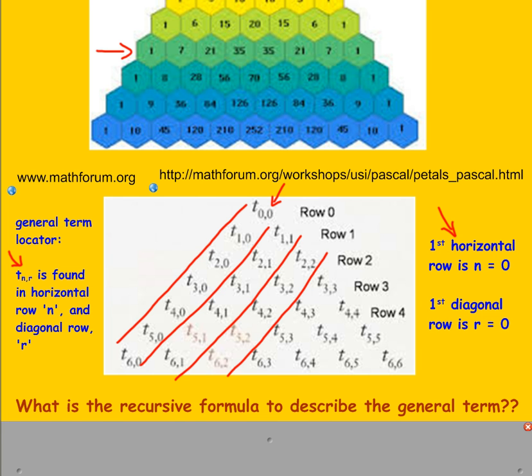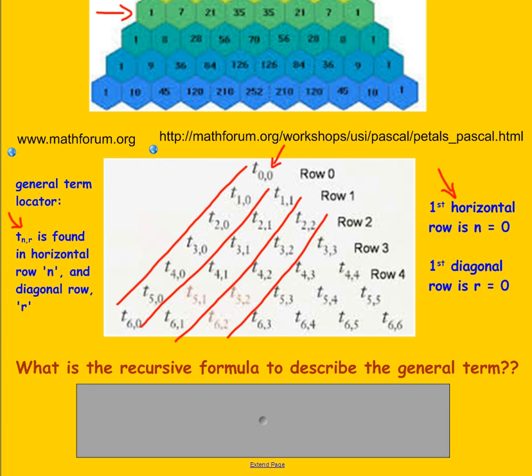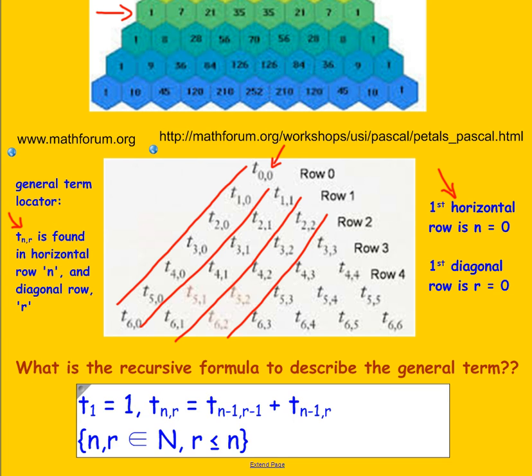We've also uncovered the properties that describe the general term locator as a recursive formula. Some conditions, of course, on the variable letters n and r. They have to be natural numbers, and you'll notice that for any value in the Pascal's triangle, its diagonal row locator number is always less than or equal to n.